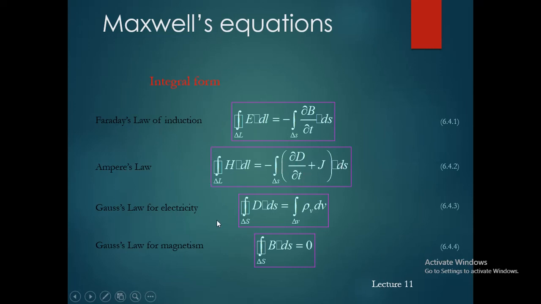And Gauss law for electricity, the closed surface integral of D dot ds is equal to the volume integral of rho v dv. And Gauss law for magnetism, the closed surface integral of B dot ds is equal to 0. So we may convert the Maxwell's equations from the integral form to the differential form, or the differential form to the integral form. And finally we are going to discuss the different types of media.